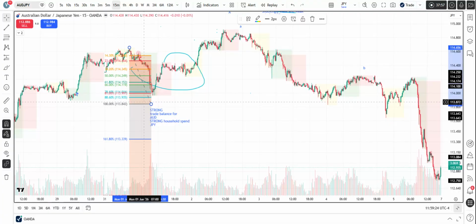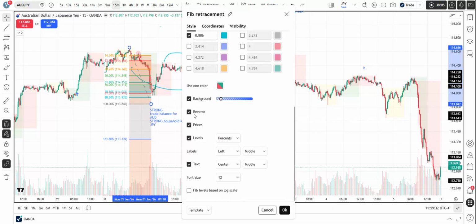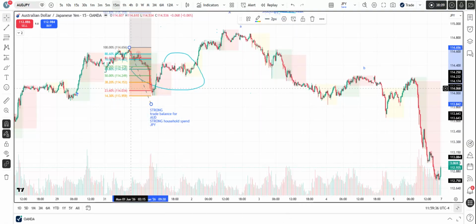I have it wrong. Let me reverse it because I got confused. So yeah, you gotta reverse it. Yeah. So this is 886. The sellers never got to 886, but it's not going anywhere.